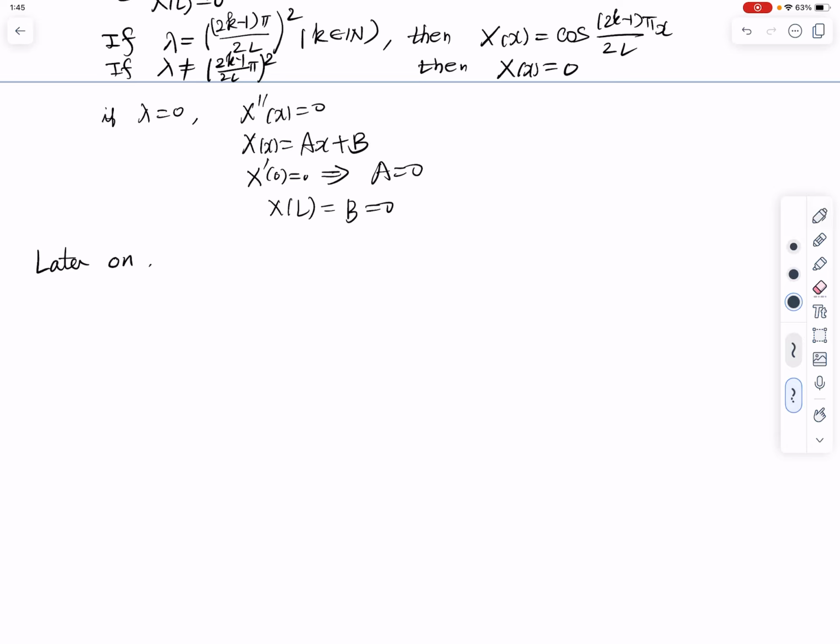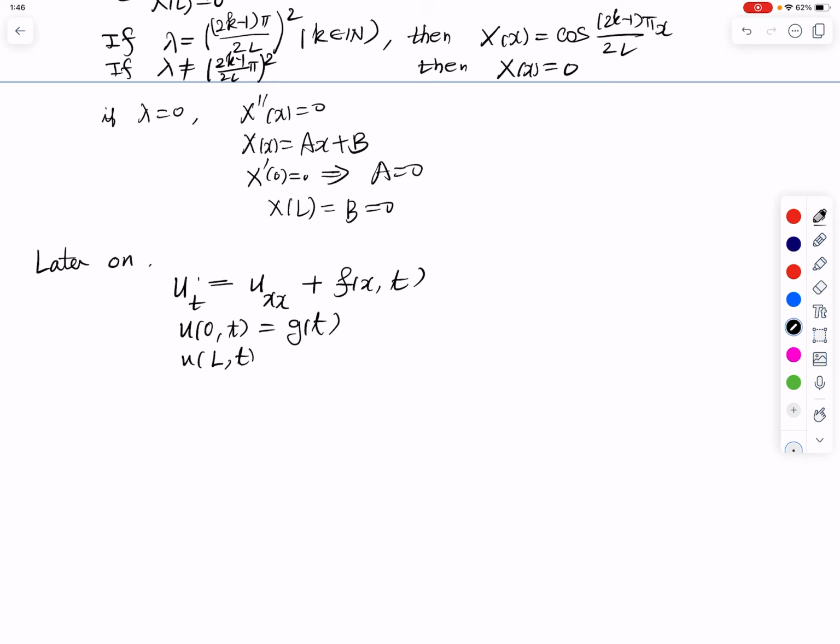U sub t equals U xx plus some f(x,t), and then U(0,t) equals g(t), U(L,t) equals h(t), and then U(x,0) equals l(x). Okay. So we are considering this problem. This problem, let's say number 1.